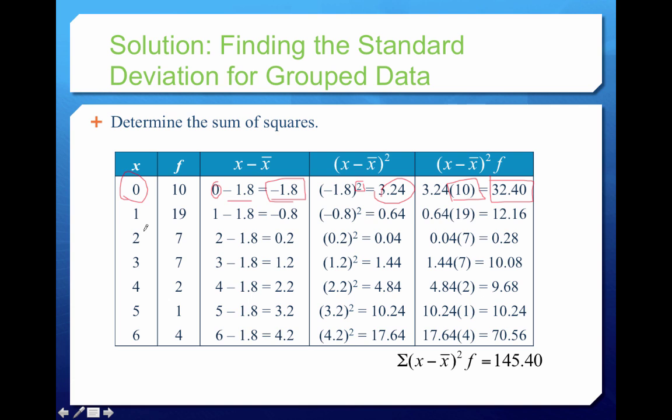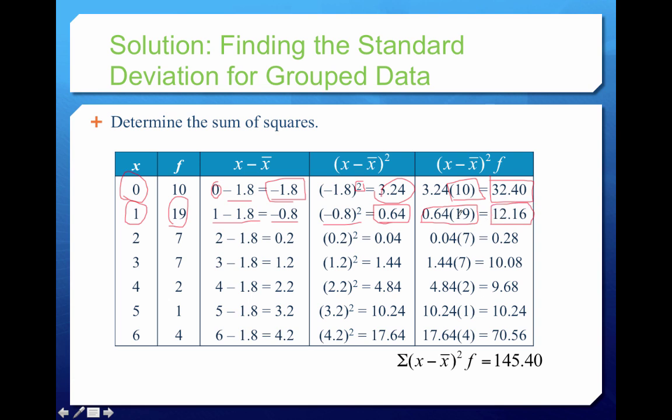Let's go through it with 1. For the houses that have 1 child in the house, we have 19 houses. We take 1 and subtract the mean and get a negative 0.8 deviation. We square this deviation and get 0.64. We take 0.64 and multiply it by the frequency of 19 to get 12.16.